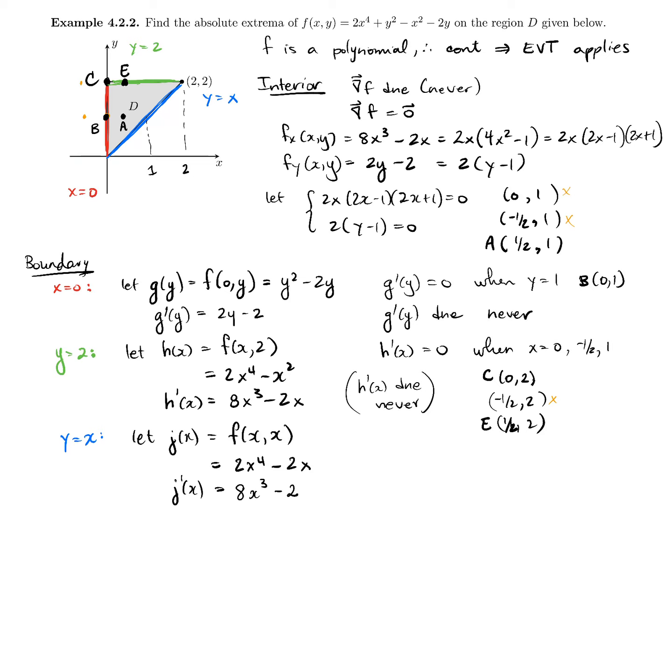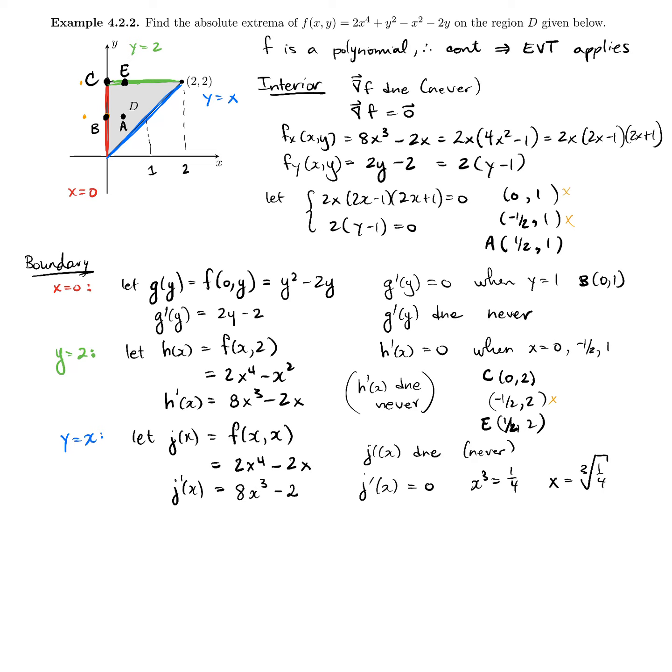Let's do the DNE first so we don't forget it, and that is never. And so j prime of x equals 0 is when x cubed is 2 over 8, or 1 over 4, so x is the cube root of 1/4.